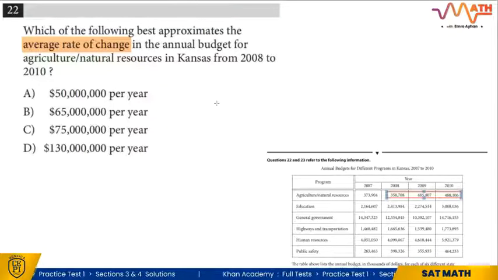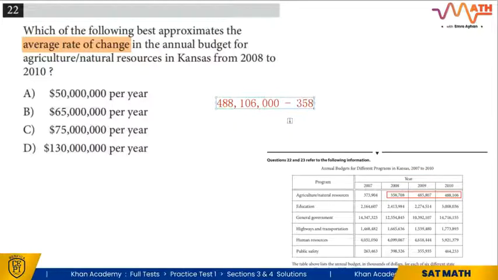So in 2010 it was 488,106. This is in thousands, so it will be like this. Minus in 2008, this 358,708 thousands again.